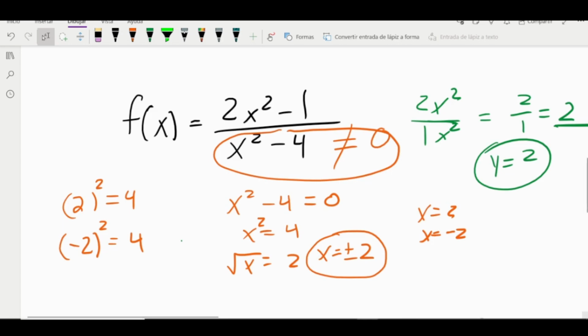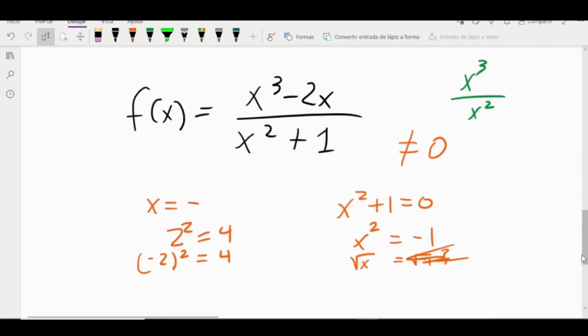Sorry, this is the one. Here, we have x squared plus positive 1, so x squared plus 1 in the denominator and x cubed minus 2x on the top. So the first situation, remember, is that the denominator is not possible to be equal to 0, so let's try to find the values of x that make it equal to 0.